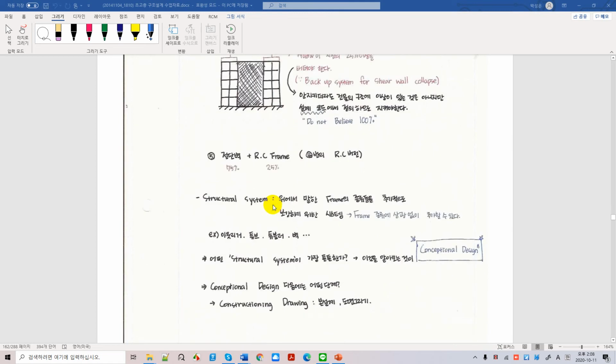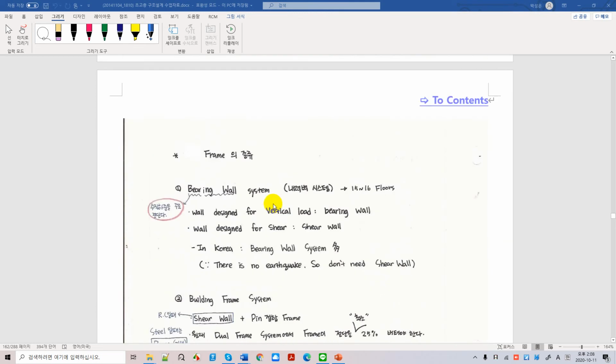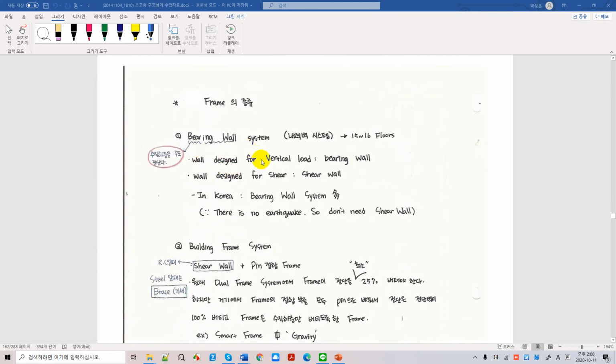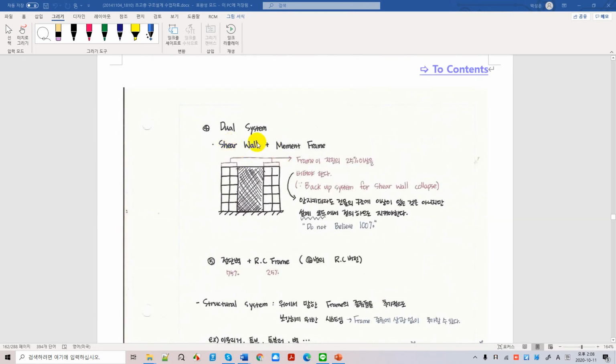Okay, so I think we have studied these five structural frames already, right? Don't forget it. Bearing wall system, building frame system, moment frame system, and dual system, as we have two types of dual systems, shear walls plus steel frame or RC frames.